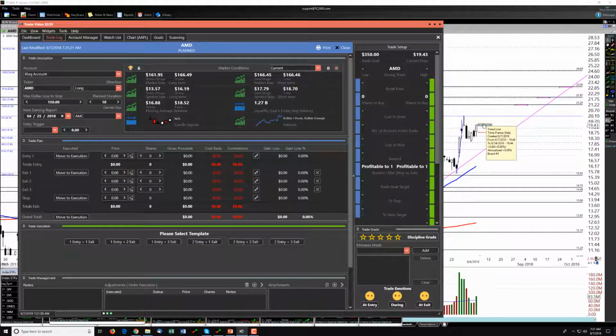I'm looking at, let's call it 19.45 entry with a stop down here below the body of yesterday, so let's call it 18.81, I guess.